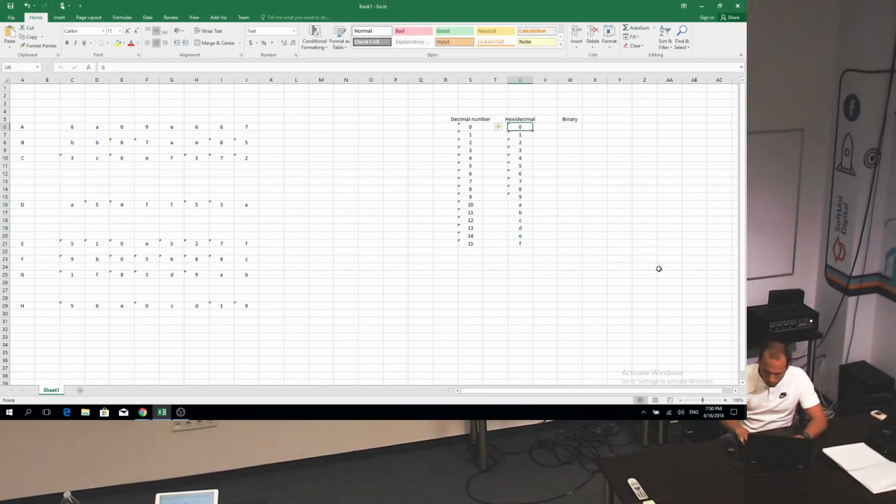Okay, and then we have the binary representation. This is 6, 7, 8.